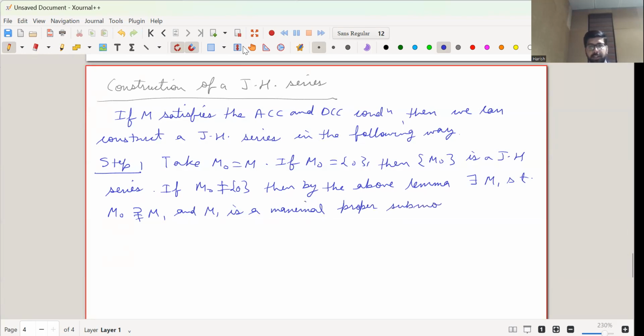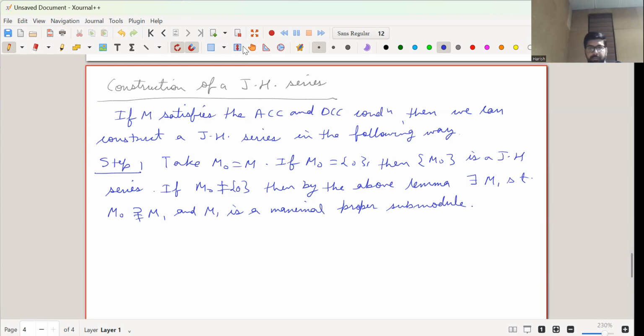And so there can't be anything between M1 and M naught. So this part is okay. For the Jordan-Hölder part, we now have to find submodules of M1, the maximum refinement we have to do. There can't be anything between M naught and M1 because M1 is a maximal proper submodule.